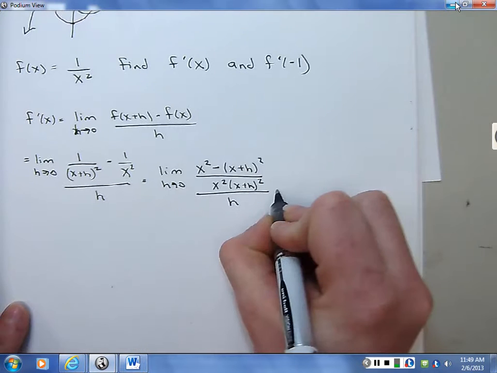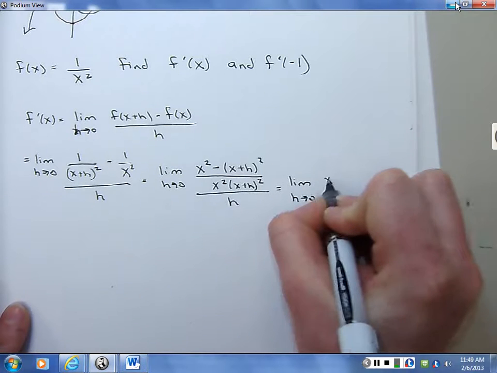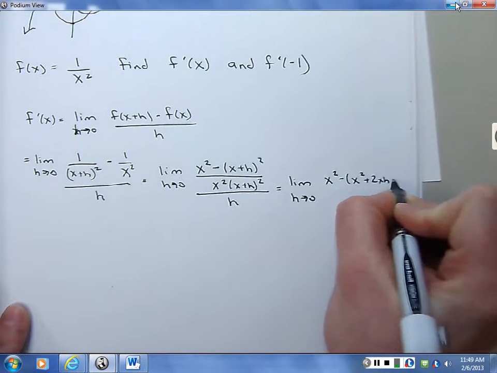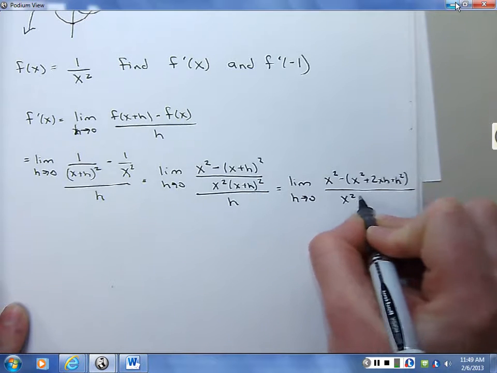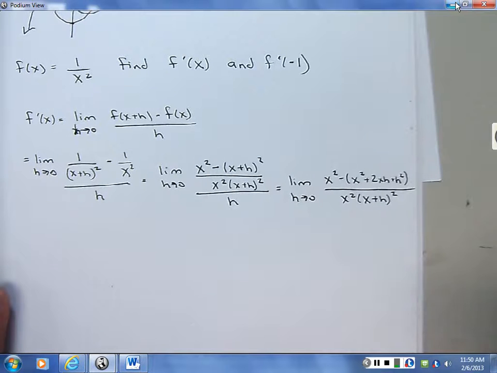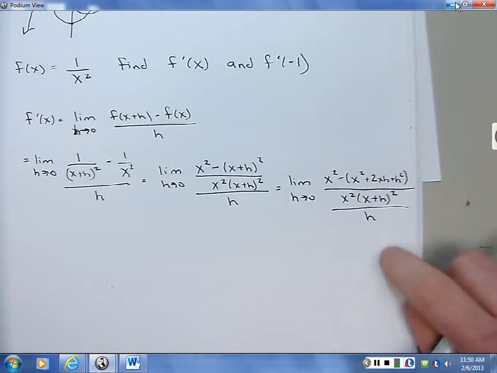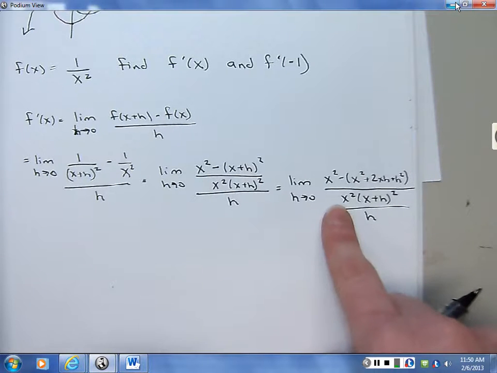So if I write the limit as h goes to 0, I have x squared minus x squared plus 2xh plus h squared, over x squared times (x plus h) squared, divided by h. I can leave this h in the denominator, or I can flip and multiply, and it would be pulled up to the denominator of the fraction in the numerator.